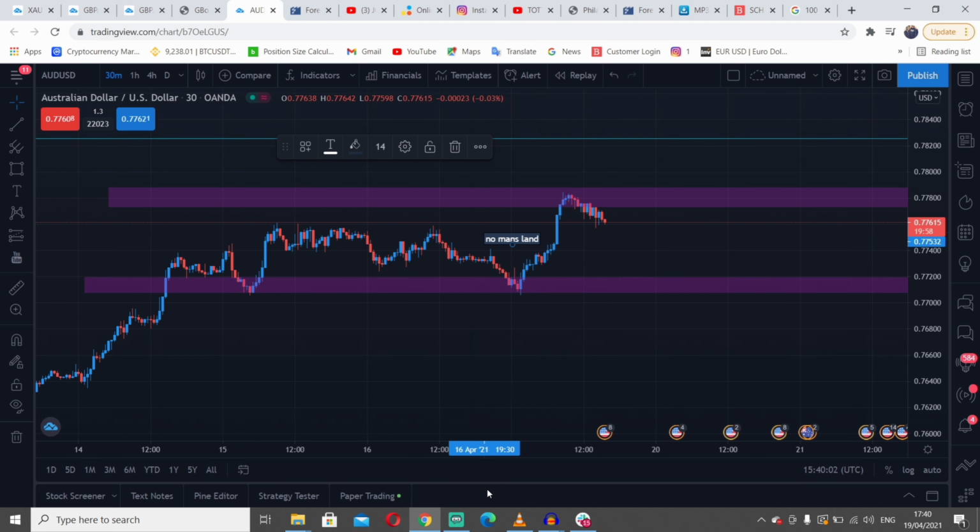So as you can see, this is the no man's land area, and from here we would not want to be taking our trades. The concept of these key levels can be used on any time frame. So if you're taking trades from the 5-minute time frame, I'd suggest you look at the 15-minute and the 30-minute time frames for structure and behavior, and maybe the 1 hour for your key levels.